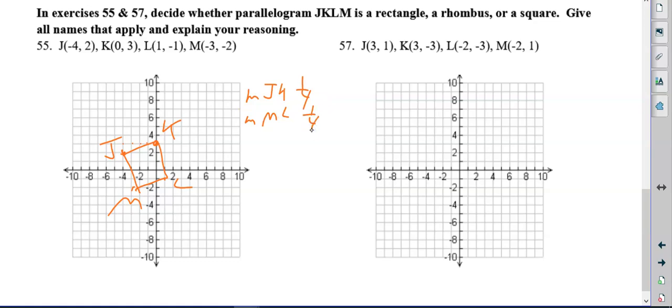Now JM is down 1, 2, 3, 4, right 2. So the slope of JM is 1, 2, negative 2, and KL is the same.